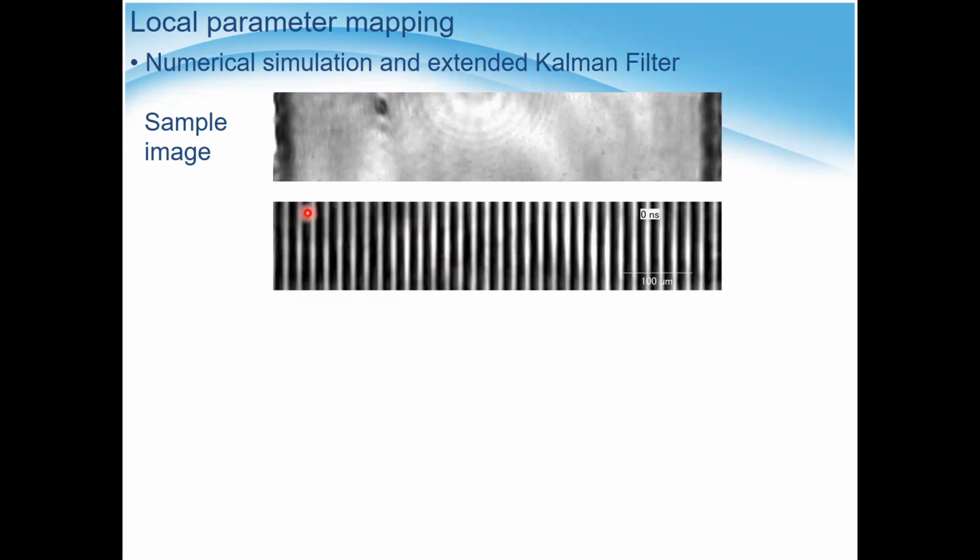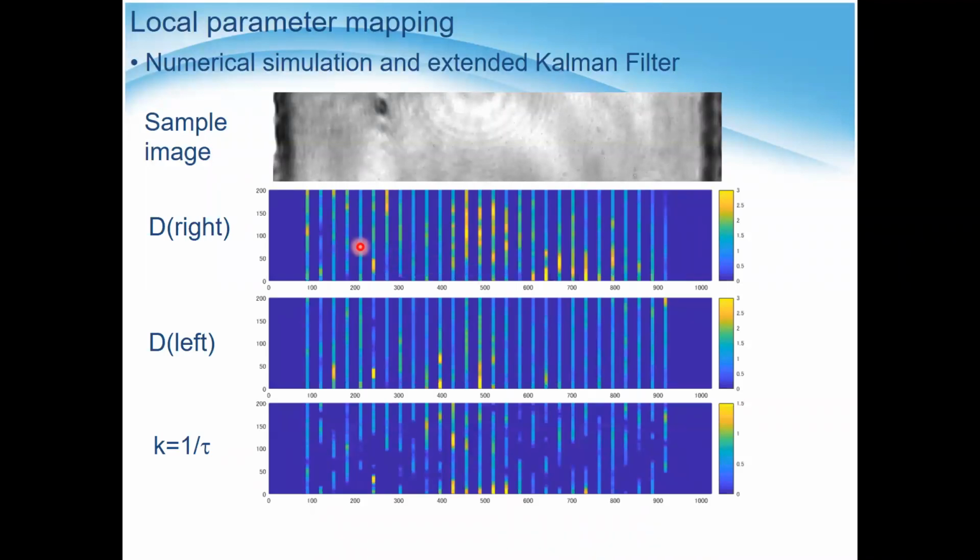And we did a scan for all these line parts, and we could obtain the diffusion coefficient in the left and right direction, and also the inverse of lifetime K, and they could be mapped out.